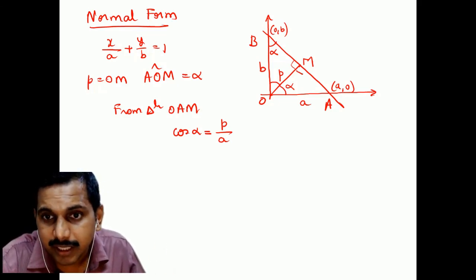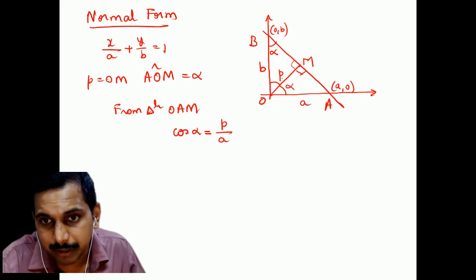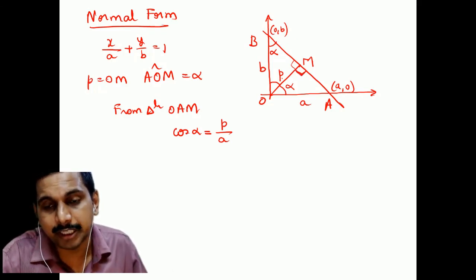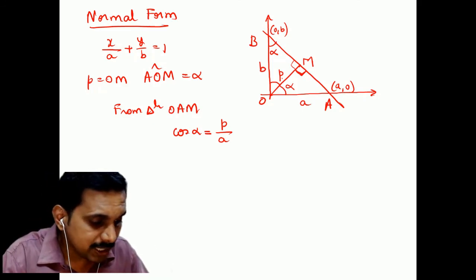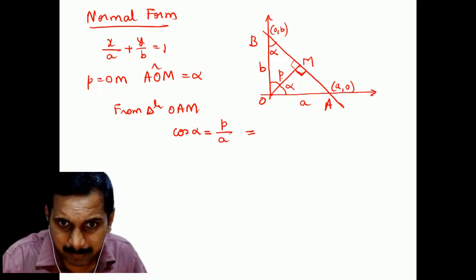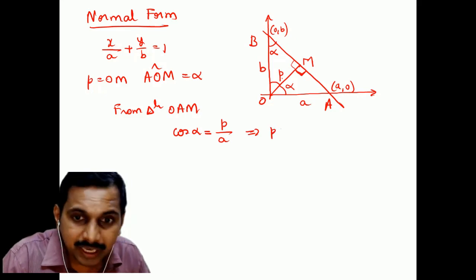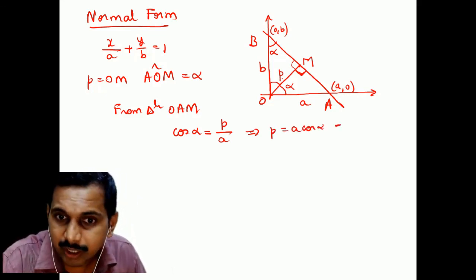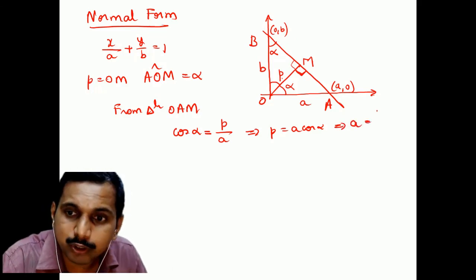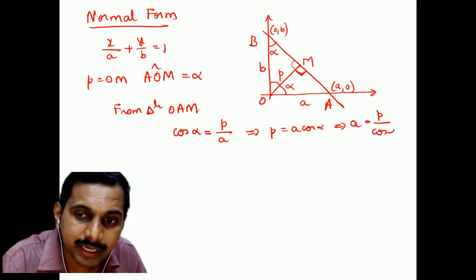Where is the adjacent? Adjacent is P. What is the hypotenuse? A. How do you find it? You see where the 90 degree is. So cos alpha is P by A. This implies P is equal to A cos alpha, correct? Or I can also write A is equal to P by cos alpha.